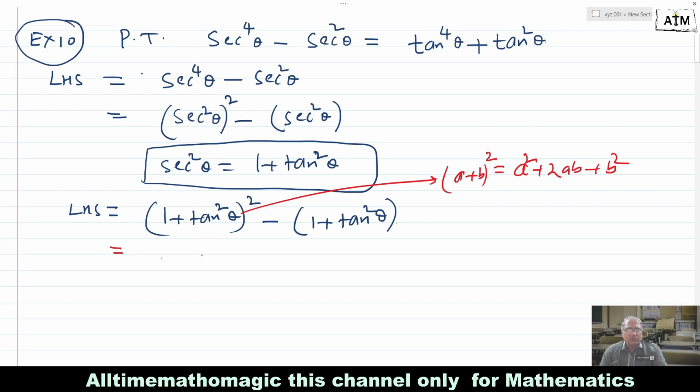Here 1 plus tan square theta whole square, that is a plus b whole square. It becomes a square plus 2ab plus b square, and the second bracket as it is.